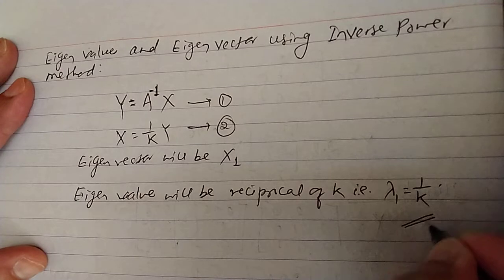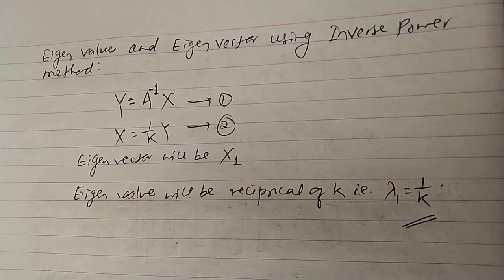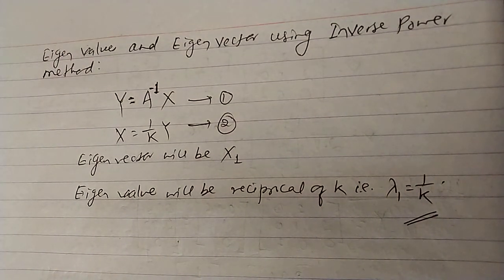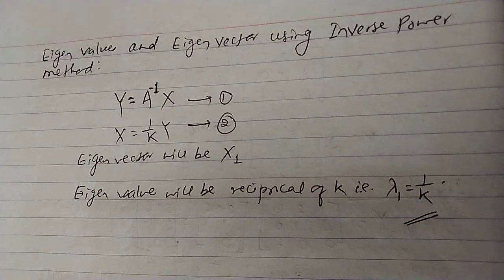So that is the difference. So k will not be your eigenvalue but its reciprocal. So 1/k will be your eigenvalue. Okay, you can do the same numerical by using the inverse power method. So this is what we study.